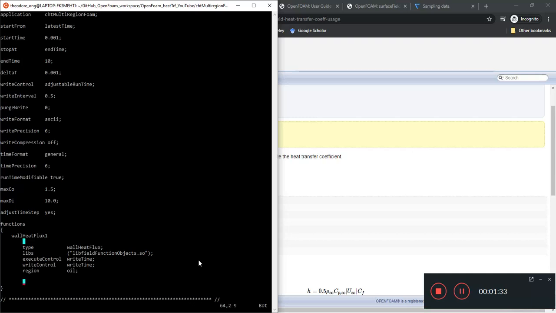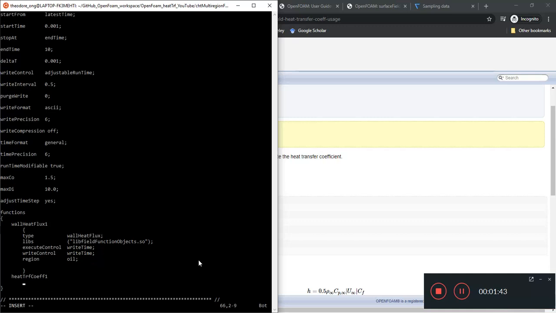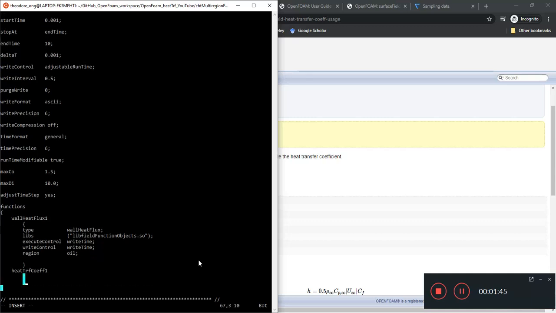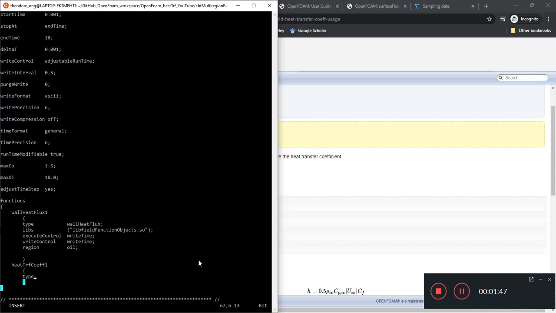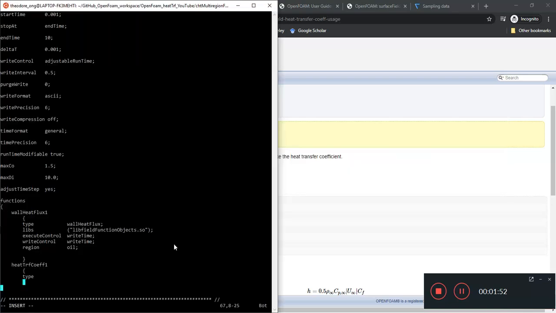So what I want to do is not the wall heat flux now. I want to do an average heat transfer coefficient, or heat transfer coefficient. Okay, so open and close brackets as usual, and the type, it was wall heat flux previously. Now I want heat transfer coefficient, so I'm just going to copy and paste here. Write this in.